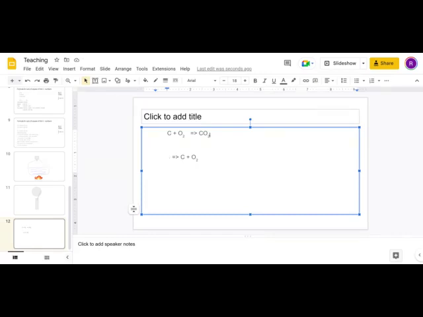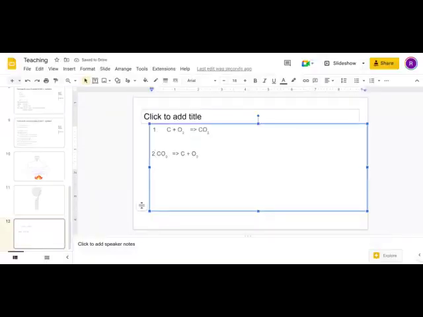Okay. Now in the plant, will it need energy to do this, or will it get energy by doing this? Let's call this reaction 1 and this reaction 2. When is this happening inside our body?